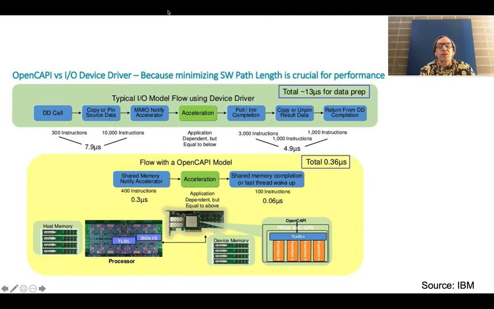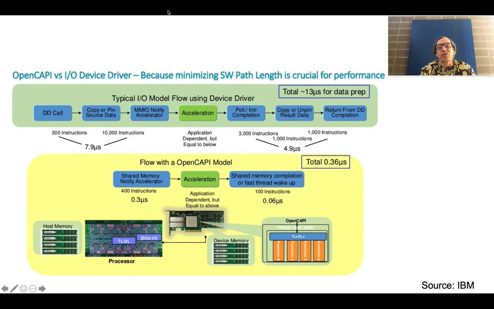In the previous module, we talked about some of the performance benefits of a shared memory interface over an I/O interface. And some of that is highlighted on this slide. So on the top, you see how invoking an accelerator on an I/O device might typically happen with a device driver call, copying the data over, doing a notification of the accelerator with typically something like an MMIO operation, which in itself is an expensive kind of store.